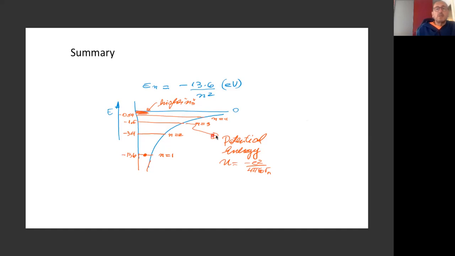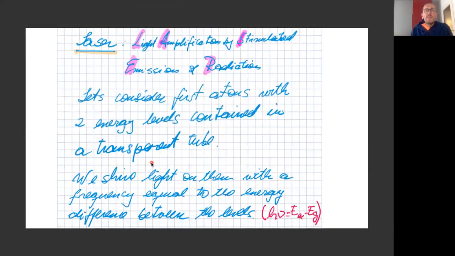But what I'm trying to get across is that essentially electrons in atoms have a discrete set of energy levels. Okay, so that's the bottom line that I want to take with me from last class and use it in what we are going to be seeing during this class.